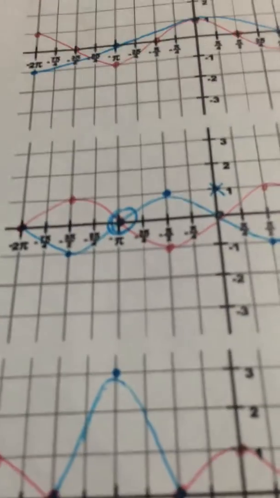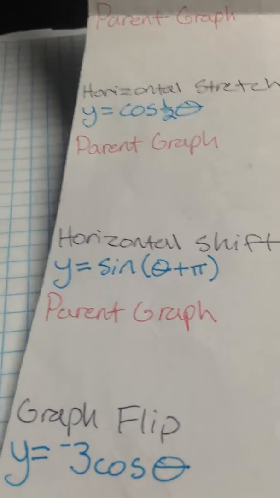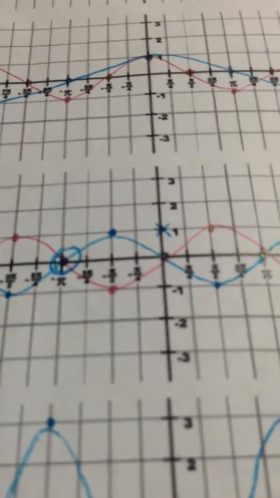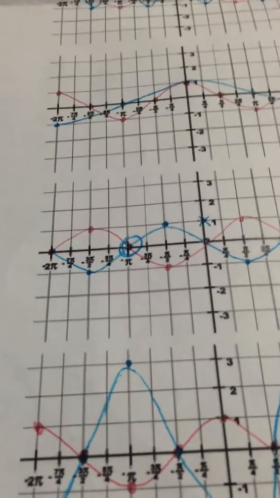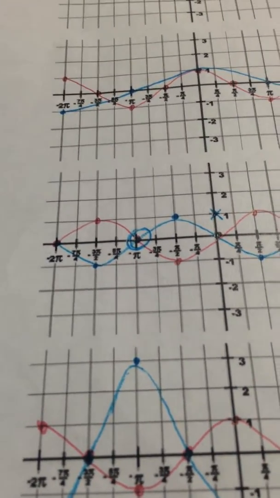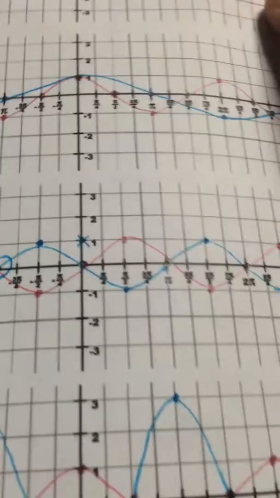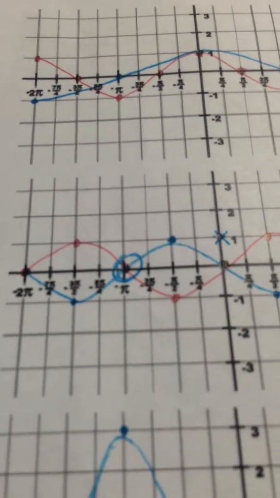So we have here, in this case, y equals sine, then the parentheses theta plus pi, and it changes on the x-axis where it starts. So as you can see there, it's the same as the parent graph. In the blue graph, the horizontal shift is the same as the parent graph. The only difference is it's been moved over to the left, hence the left endpoint.